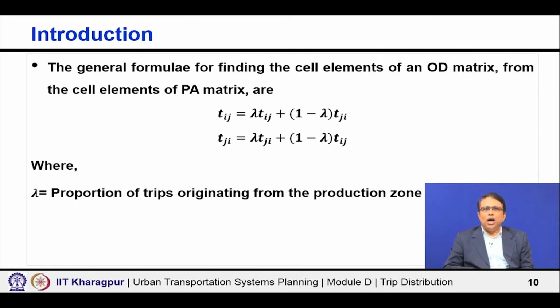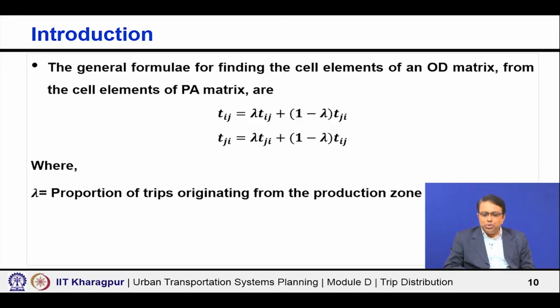Now, how to generally get the OD matrix from the cell elements of the PA matrix? That is said here. If you want to get Tij for the OD matrix, then we can take the Tij, which is shown in the right side equation of the production attraction matrix, into lambda.